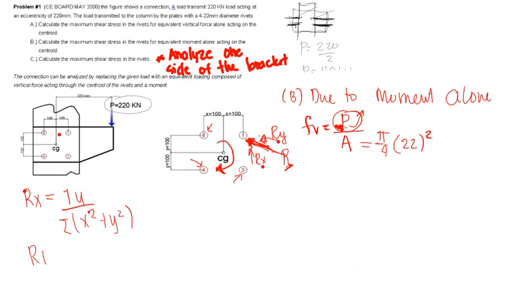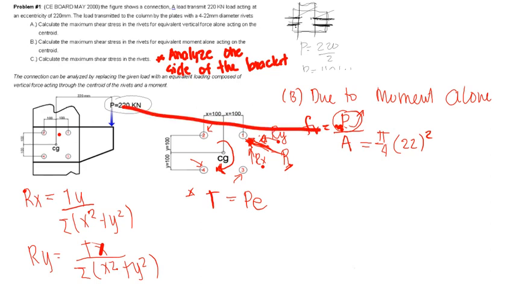And of course, yung Ry natin, yung T times x over the summation of x squared plus y squared. So, ano yung magiging T natin? Yun yung magiging moment natin, yung T. So, for the value of T, yung moment natin that is equal to load over yung distance eccentricity natin.